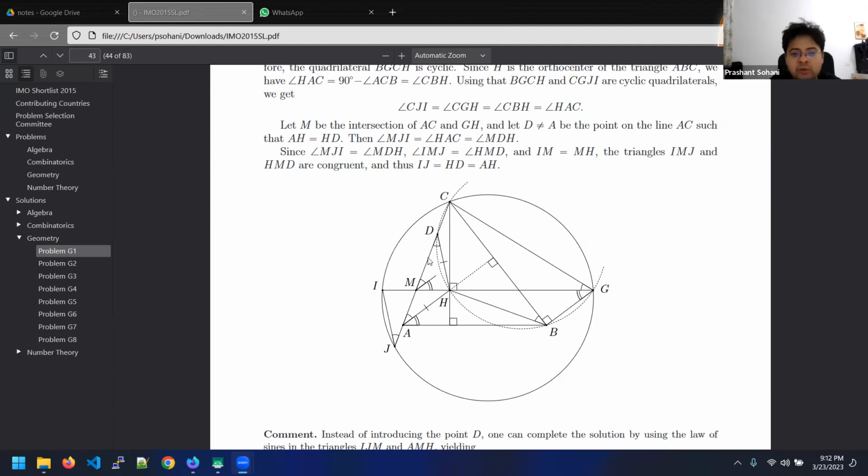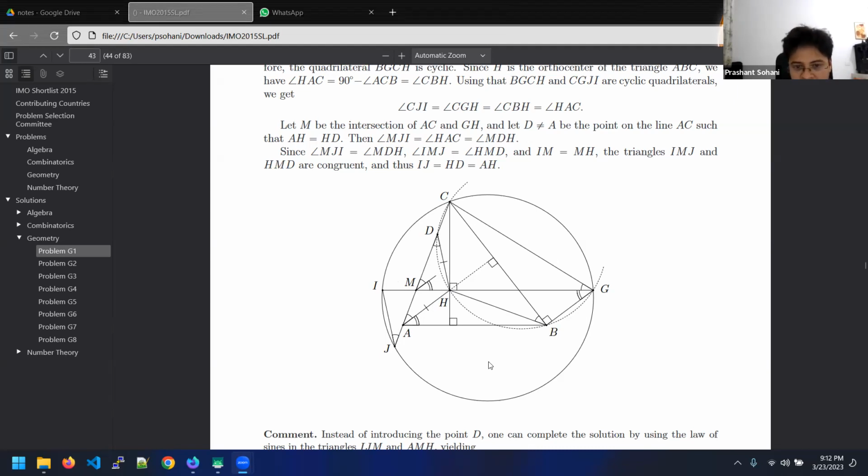The official solution creates this point D where HD and AH are equal, and then through homothety or rotation around point M, they can connect ID and HD, IG and HD. A slightly different approach which you are using, Arnav, is that instead of completing this parallelogram, you construct a different parallelogram where you reflect AH. If I reflect AH in M, I get a line segment like IK, and then my job is to show that KIJ is an isosceles triangle. Yes, both approaches work.